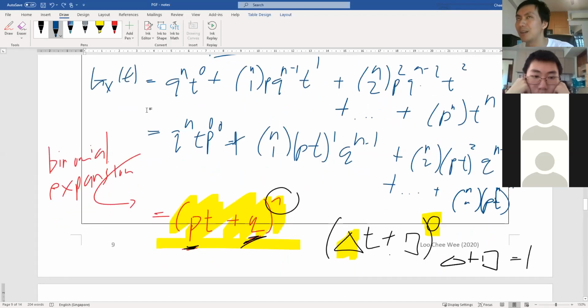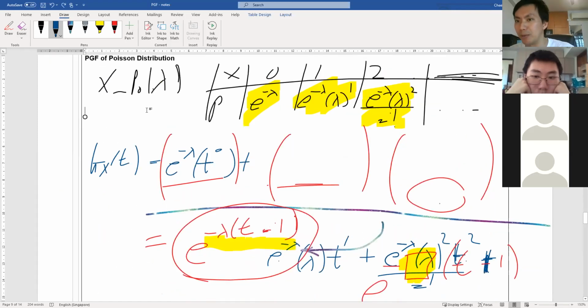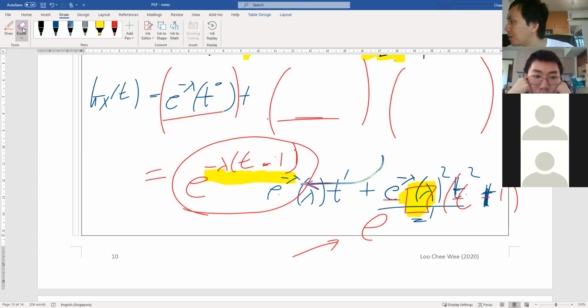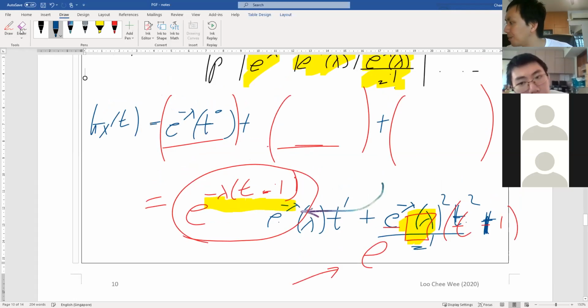But this one, you will be given a bit of guidance. Poisson, you don't have to do it because this factorization technique is way beyond the syllabus. So let me just tidy things up a little bit here. Oh, shucks. I'll tidy this up later.